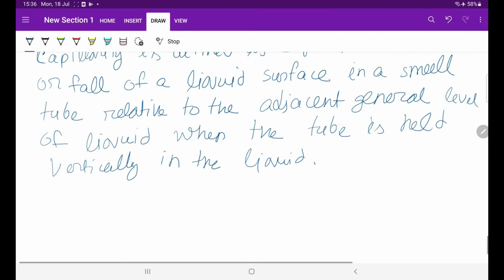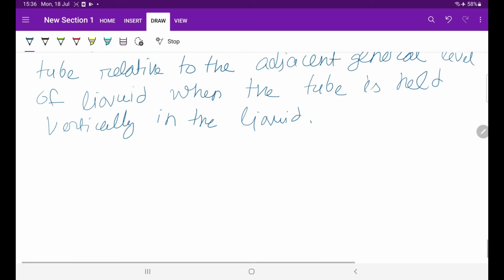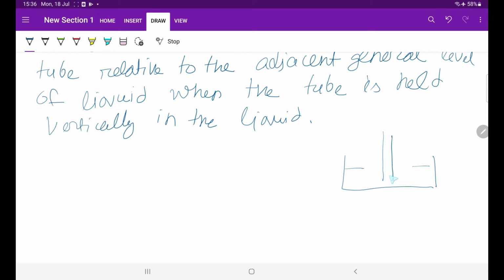So let's understand what this capillarity is with the help of a diagram. Suppose we have a liquid here, and we insert a tube. So this is the capillary tube which we insert, and the liquid will come up. It will be in the shape like this, except mercury and some other liquids.